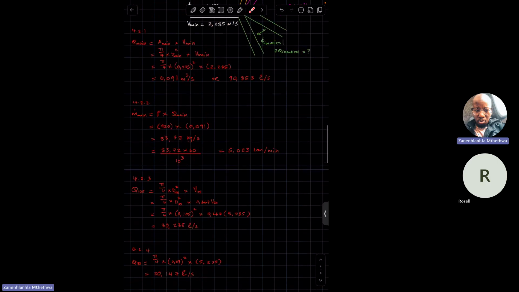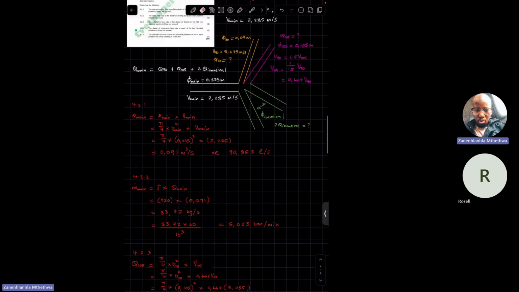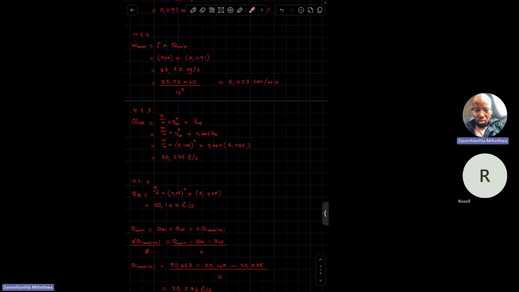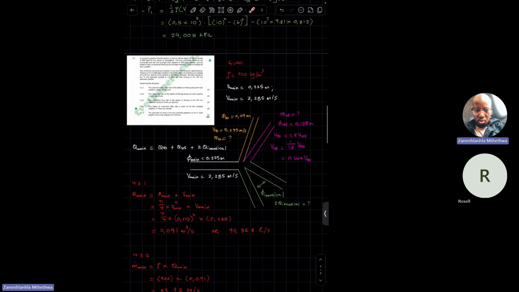Otherwise, we already know the standard formula of calculating Q. So I just wanted to highlight with this exercise the understanding of how the approach is, if the pipes are connected in parallel, in terms of how to calculate the total flow rate from the flow rate in each of the pipes that are connected to the main pipe. All right. So this is what we get. And then we look at 4.2.4.